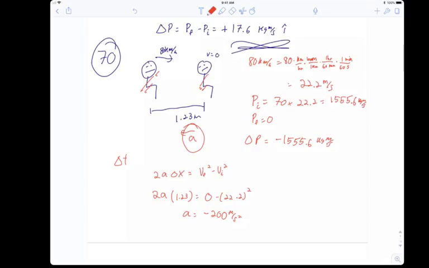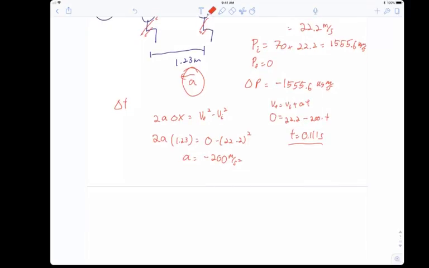So if I want, I can go 0 is equal to 22.2 minus 200 times t. This is v final is equal to v initial plus at. 22.2 divided by 200, t is equal to 0.111 seconds. Oh, that's very fast.